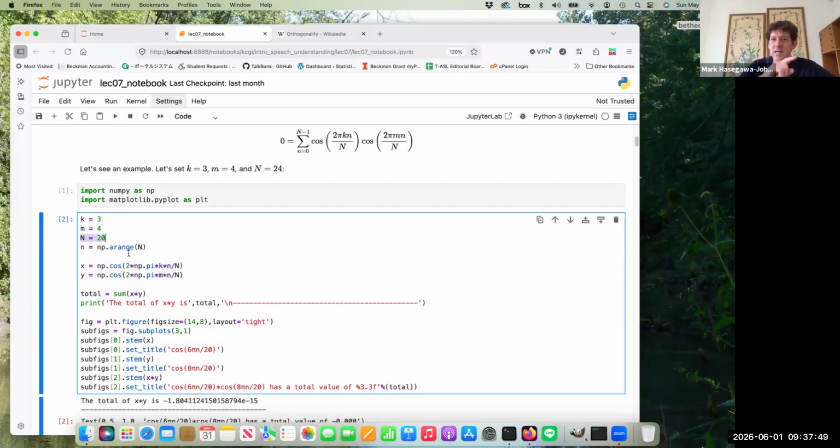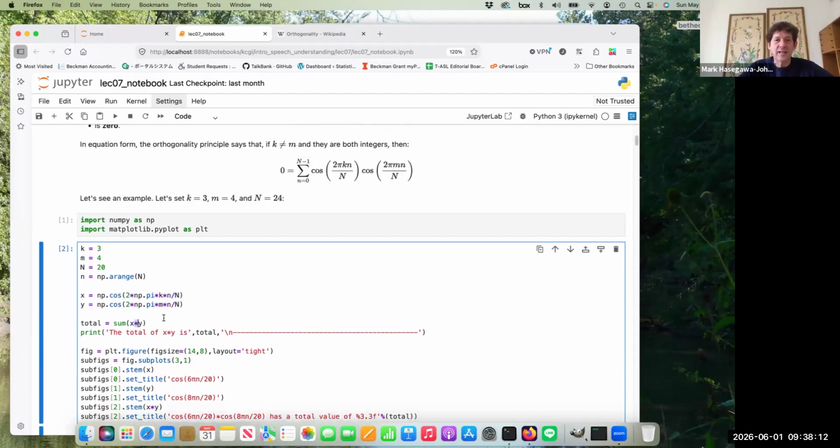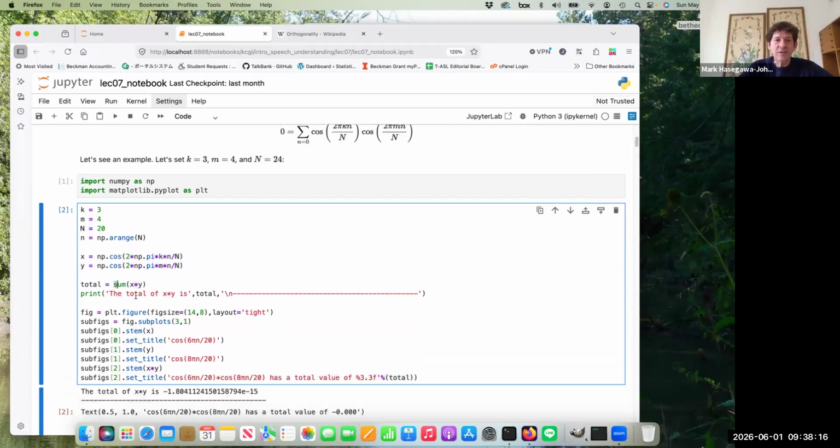So x will be the cosine that has 3 periods, y will be the cosine that has 4 periods, and then I'm going to multiply those two together. Remember that this asterisk means array multiplication. It means I multiply every single sample, and then I add them together. And when I do, the sum is going to be 0.